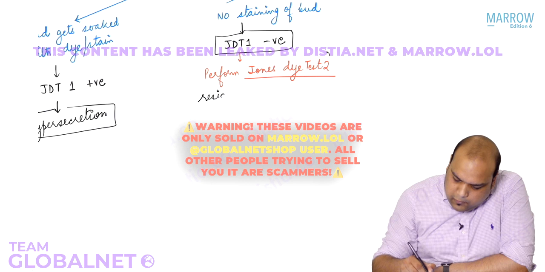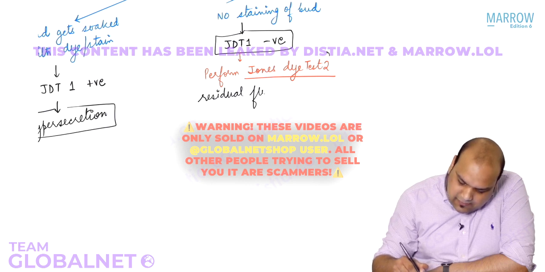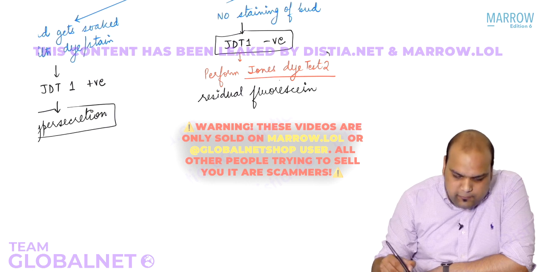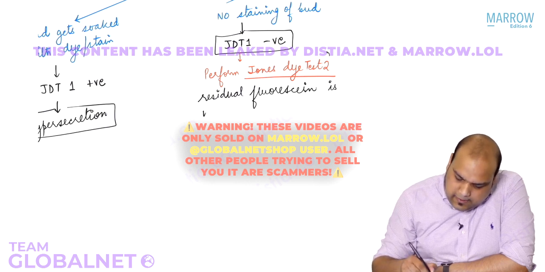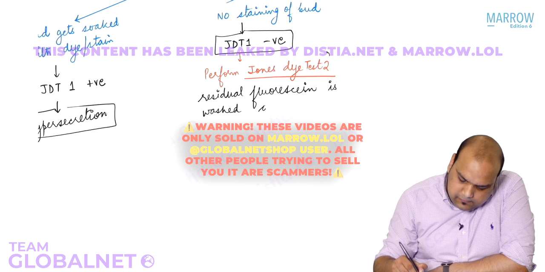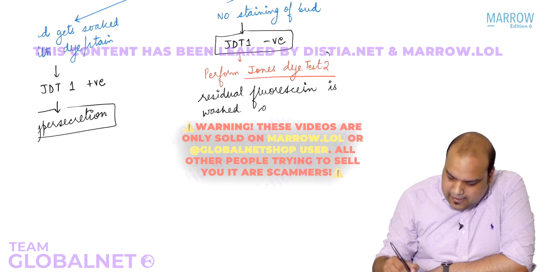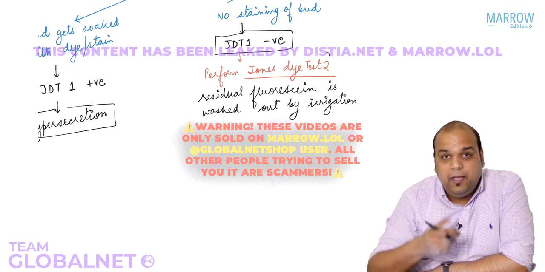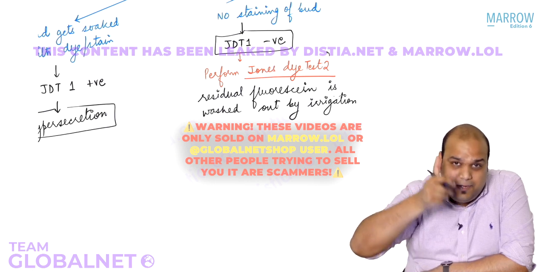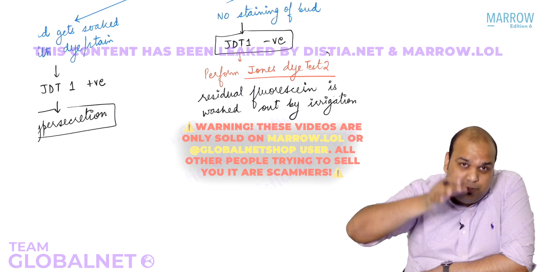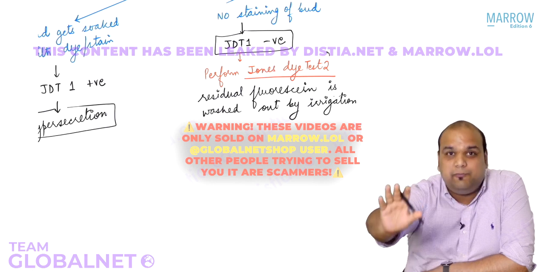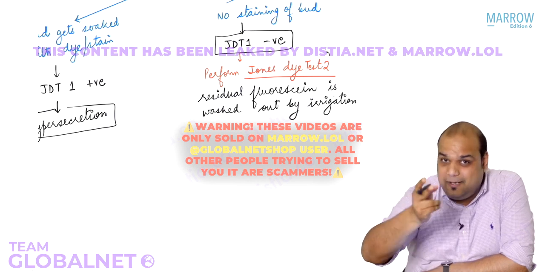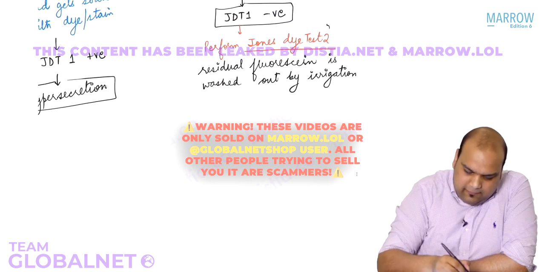Residual fluorescein, that is still somewhere in my pathway, everybody. Residual fluorescein is washed out by irrigation. Okay? So now you are injecting fluid again with pressure so that whatever fluorescein was there with pressure tries to get washed out and your bud stains now. Okay? Again, I can have two cases.